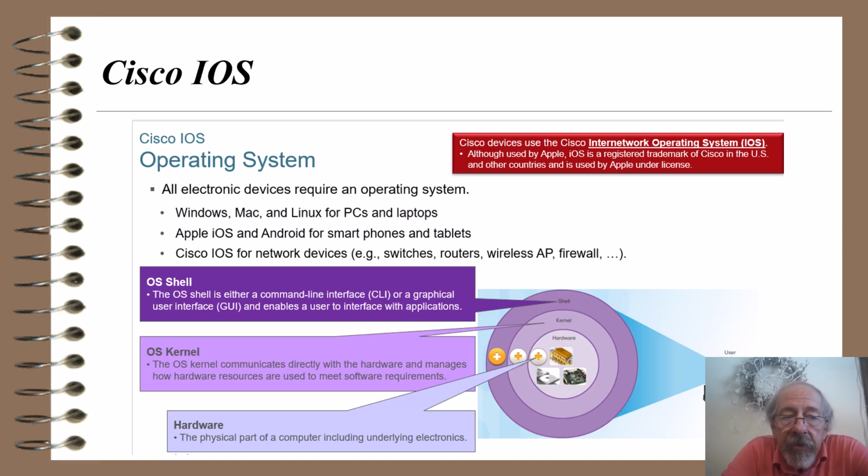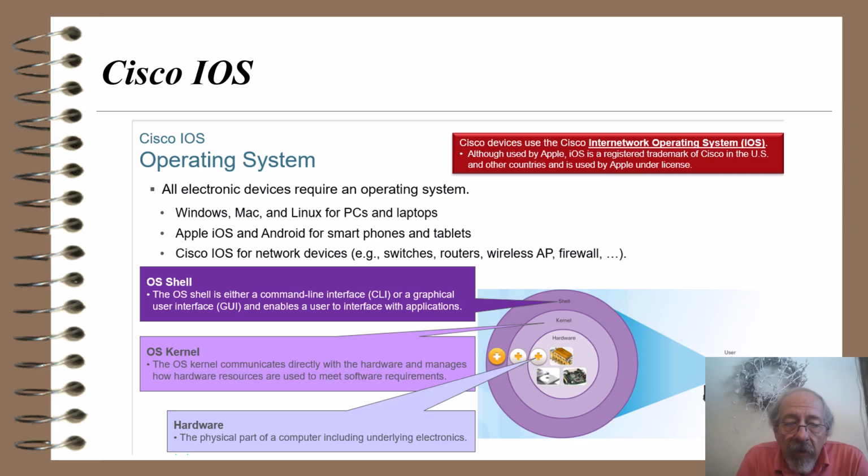As pointed out in this slide, all electronic devices require an operating system. Windows, Mac, and Linux for PCs and laptops, Apple iOS and Android for smartphones and tablets, Cisco IOS for network devices, that is switches, routers, wireless access points, firewalls, and so forth. This kind of shows graphically the OS shell.